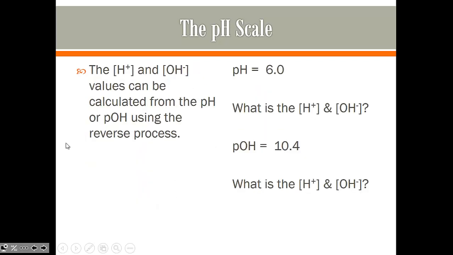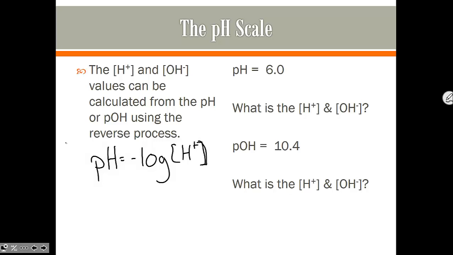You can go backwards from the pH to the concentrations by taking the anti-log. So pH, or P anything, is simply the negative log of whatever we're talking about. So pH would be the negative log of the concentration of hydrogen ions.